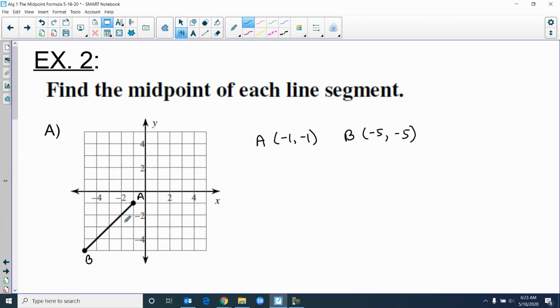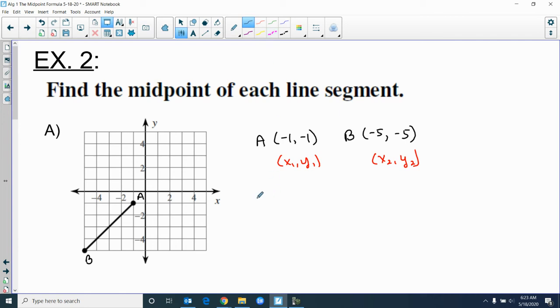Now, you can't just estimate. Now, you could, and sometimes you might be right and guess, but you're better off using the midpoint formula. So right here, that's x1, y1. That's x2, y2.